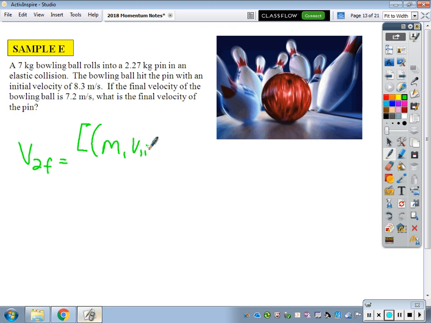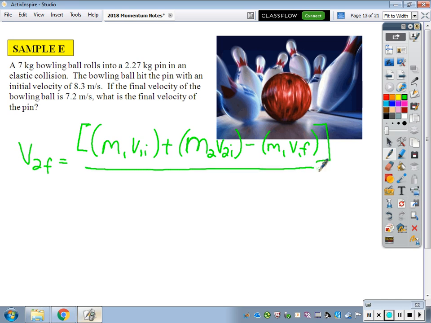M1 V1 initial plus M2 V2 initial minus M1 V1 final, close, close, and then all of that divided by M2. Friendly reminder, since we're finding the velocity of the pin, that is 2. I'm going to mark it here. The pin we're calling object 2, the bowling ball we're calling object 1.